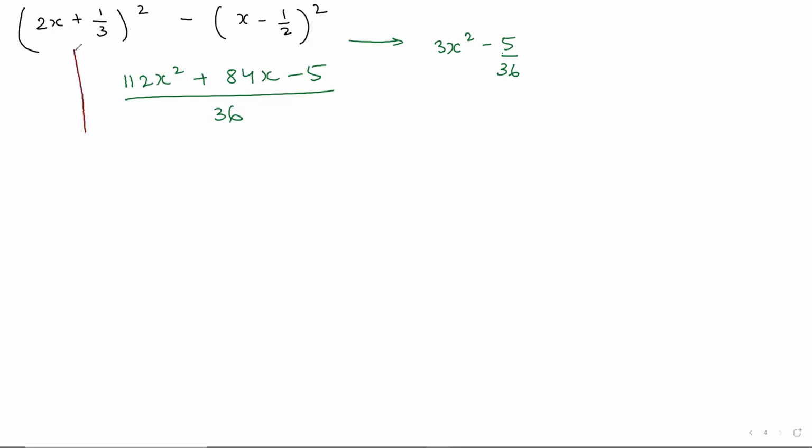So what is the first step that you have done here, Hamna? Hamna, are you there? Ma'am, 2x square plus 1 by 3 whole square plus 2 into 2x into 1 by 3.